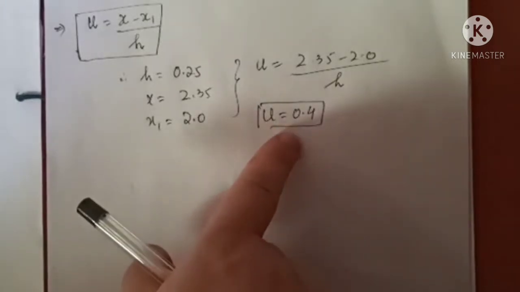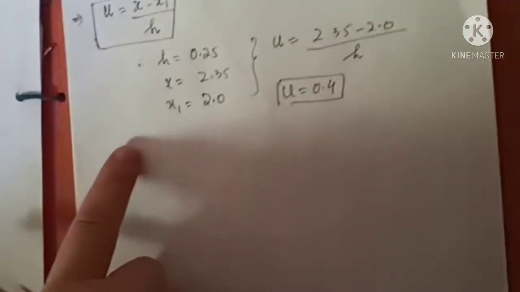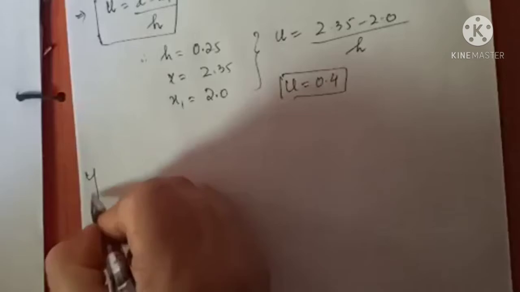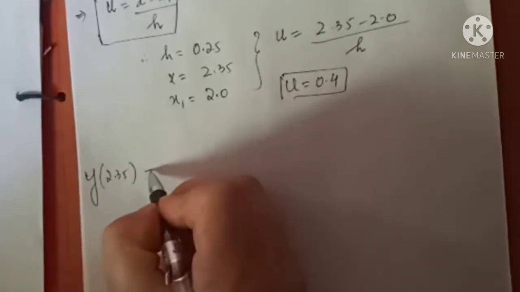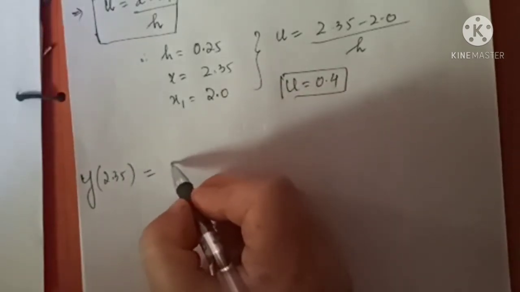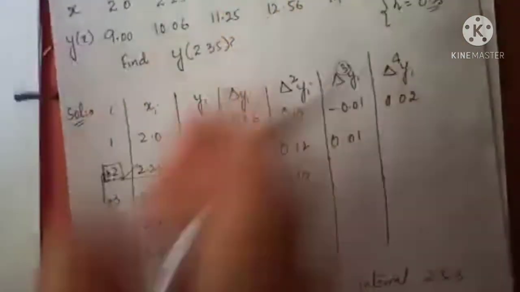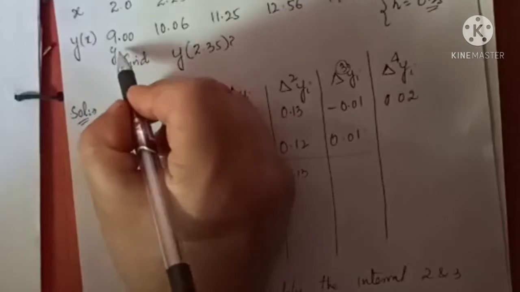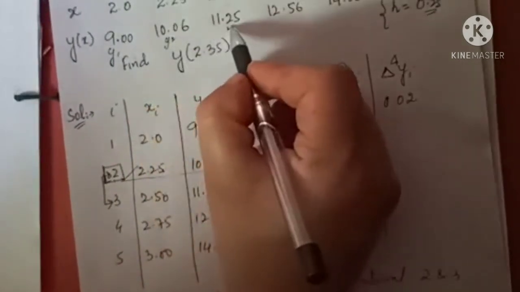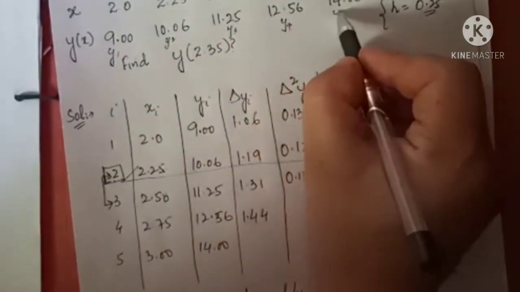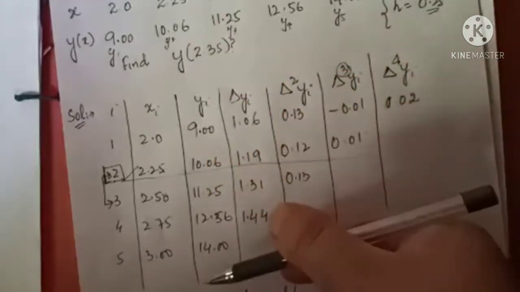Now substitute this value in the above formula. What we have to find is y of 2.35, which is equal to y2. Look, we have 10.06. These are the values. This is basically y1, this is y2, this is y3, this is y4, this is y5, right? You can find it from here as well.